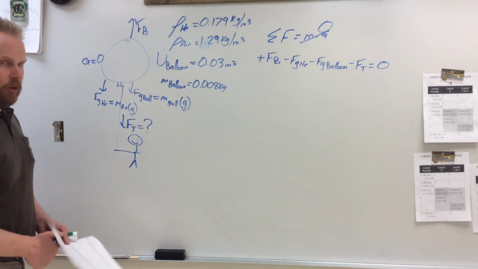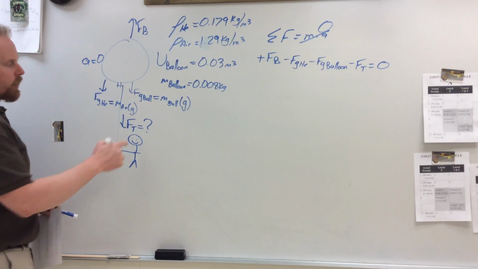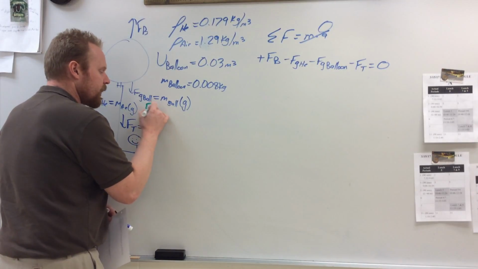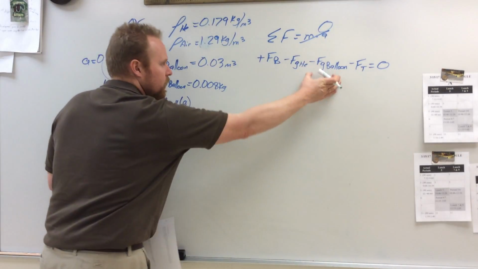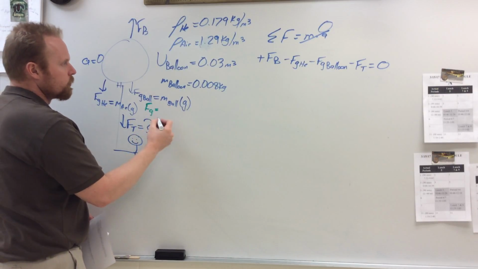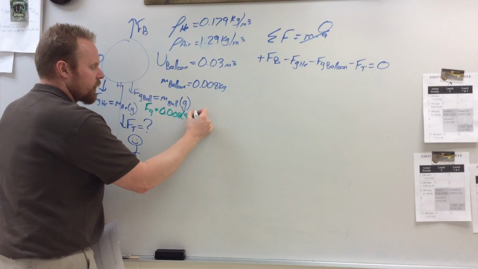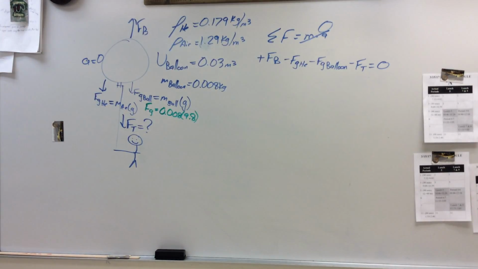Now, we can do this in a couple different steps. We can go through and find Fg ahead of time and just plug in the value. That's what we're going to do right now. So the mass of the balloon was given, and the mass is 0.008.